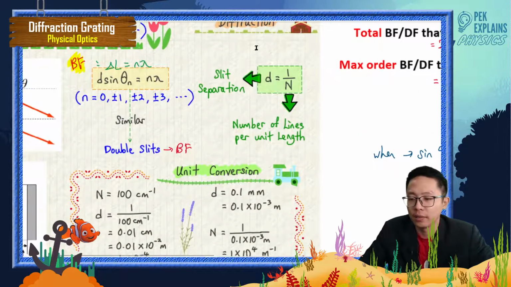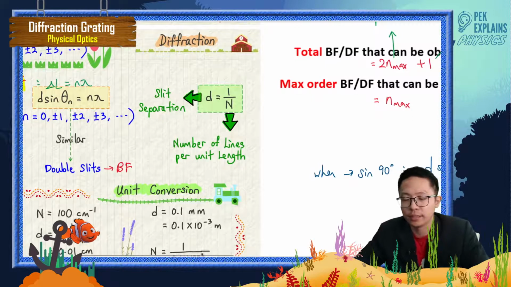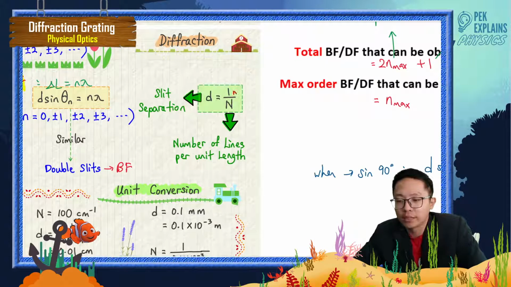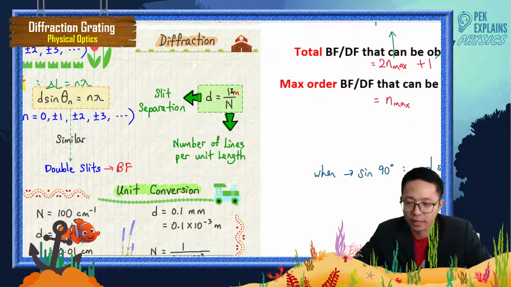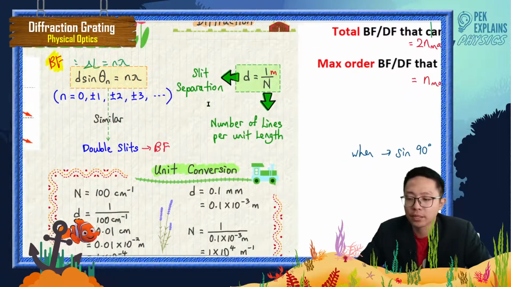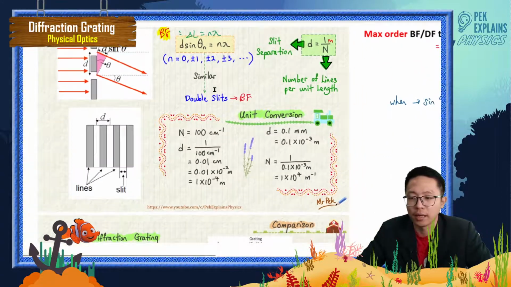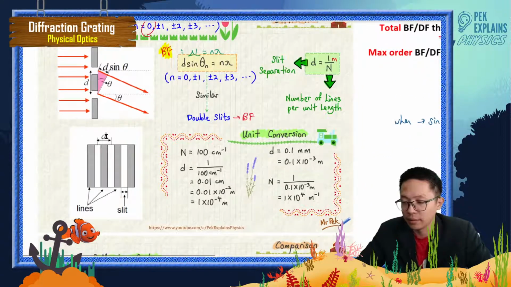Actually, this formula is 1 meter divided by n. Then you get the separation between the slits. So d is measured in meters.